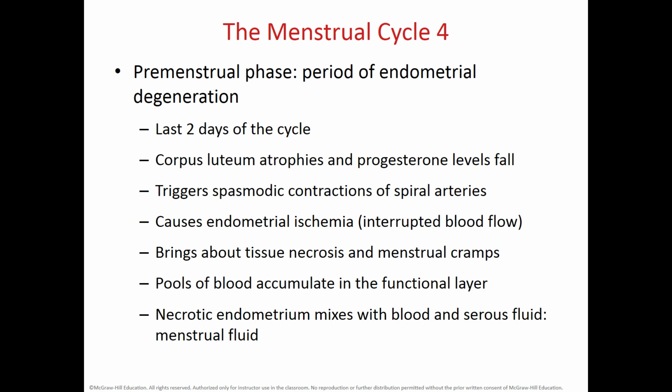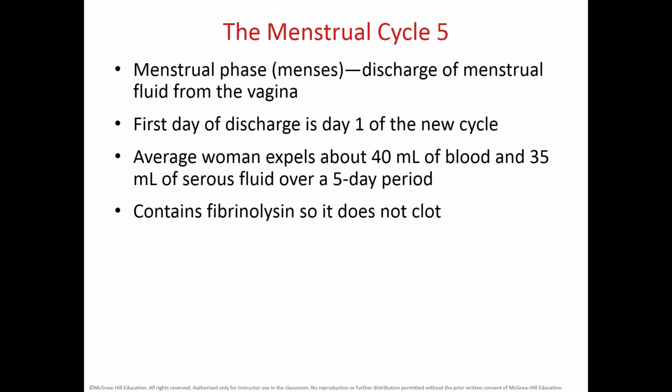Because of this, you trigger a spasmodic contraction of the spiral arteries, which leads to ischemia and hypoxia within this endometrium, and then the menstrual cramps, as I told you, and then necrosis of these endometrial cells. And then at day 28, you start the discharge of this endometrium, which starts the cycle into what we call the menses.